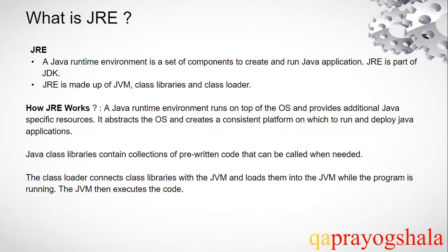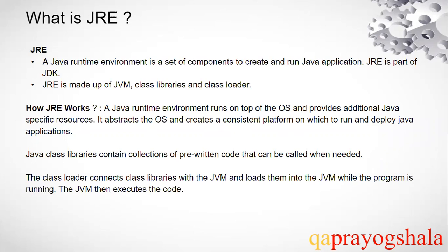In very simple terms, the JRE runs on top of the OS. In order to run the Java application, it runs on top of the OS, and it provides the additional Java-specific resources. Which type of resources will it provide?